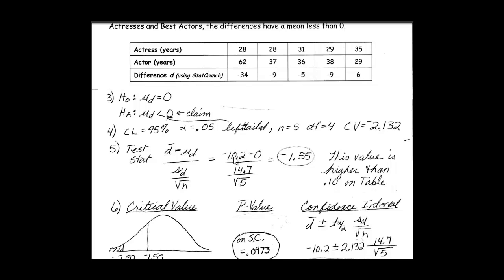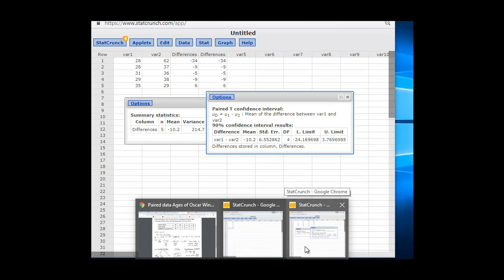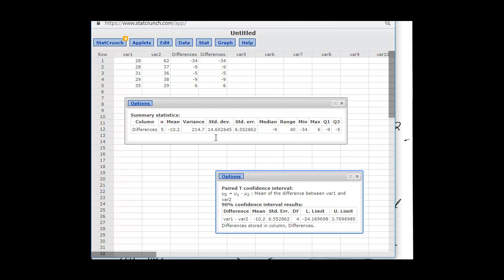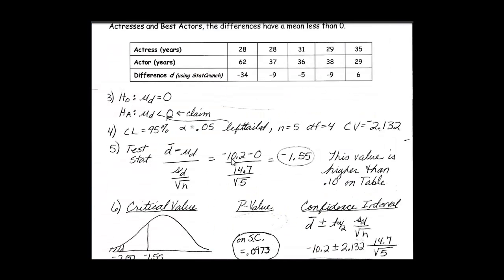So that's where the negative 10.2 came from. This right here. Sorry. I could get it from here, and our standard deviation was right here. So I could plug in my standard deviation down here, the standard deviation of the differences, divide by the square root of the sample size, which gave us our negative 1.55, which we know is much lower.